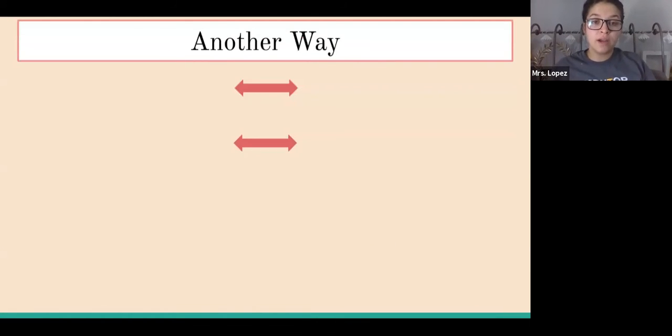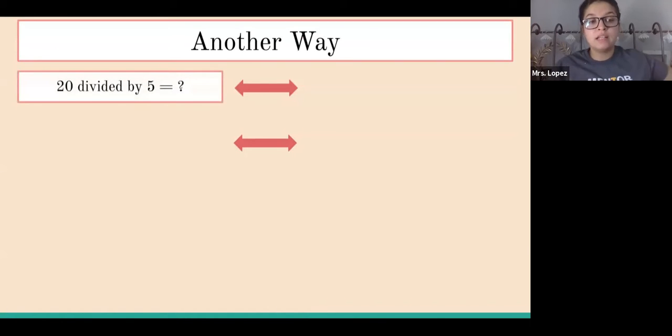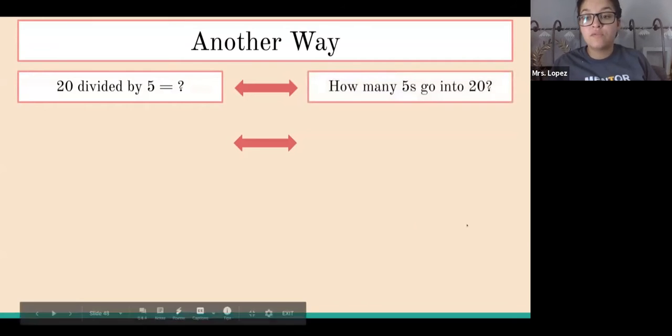So here's another way. I'm going to show you a basic way. We have 20 divided by 5. Using this model will help you visually see the division process of fractions. When you see 20 divided by 5, it's asking you how many 5s go into 20.